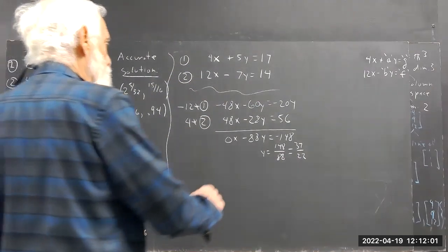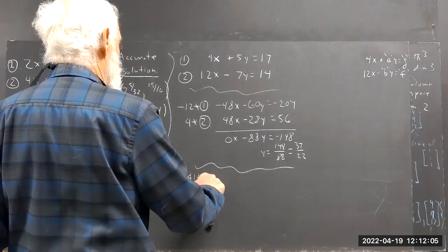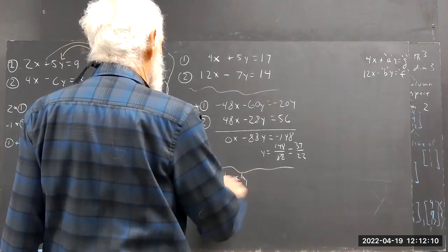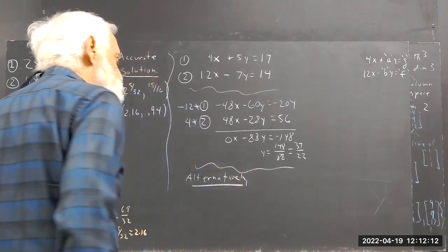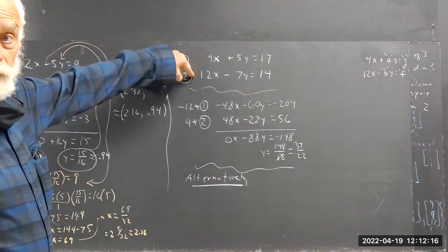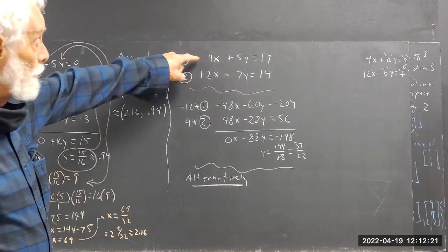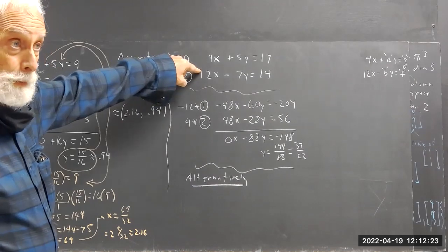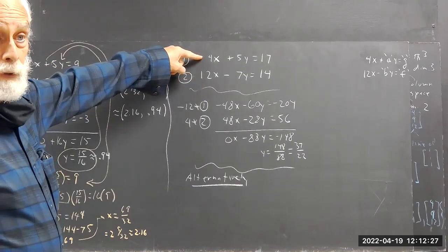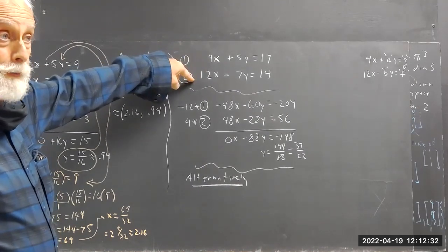Now, alternatively, if I multiply 4 by 3, I get 12, right? Again, I want to match the coefficients of x up. The easiest thing to do would be multiply this by 3 and this by -1, right? Or this by -3 and just leave this the way it is.